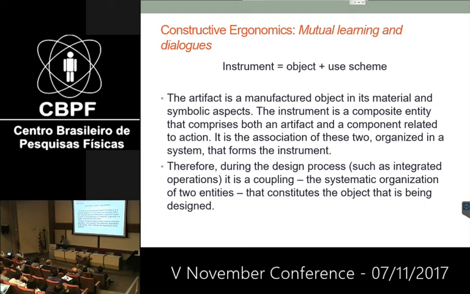The artifact is a manufactured object in its material and symbolic aspects. The instrument is a composite entity that comprises both an artifact and a component related to action. It is the association of these two, organized in a system, that forms the instrument.